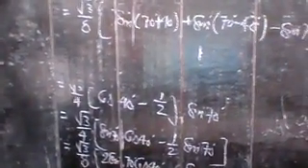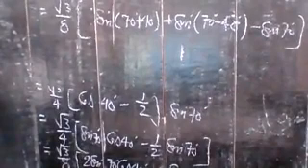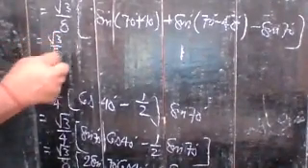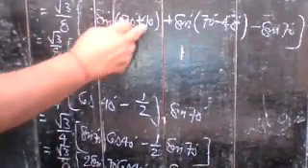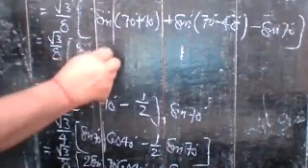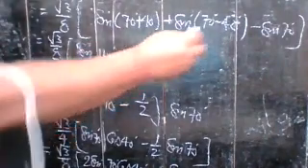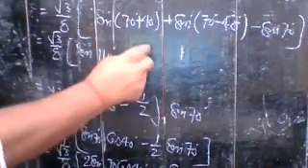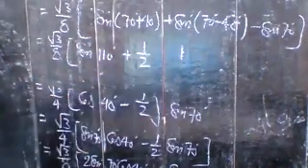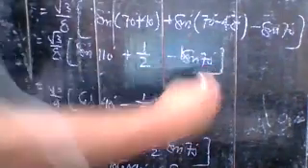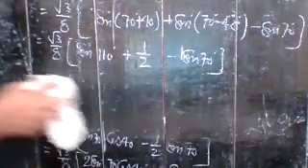You write it in this way. So that is equal to root 3 upon 8 into sine 110 degree plus sine 30 degree. And you know the value of sine 30 is 1 by 2. So write it here 1 by 2, and minus sine 70 degree.